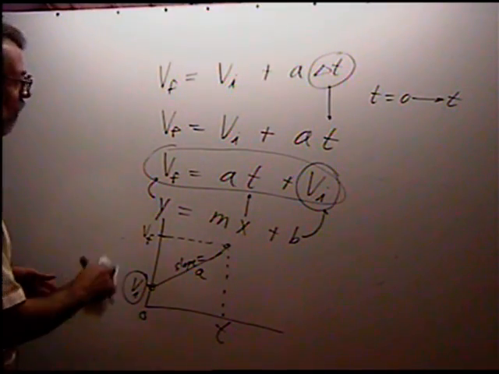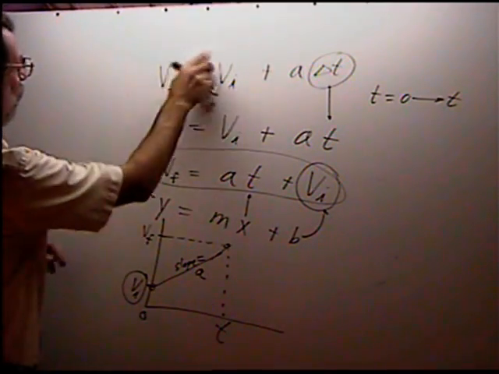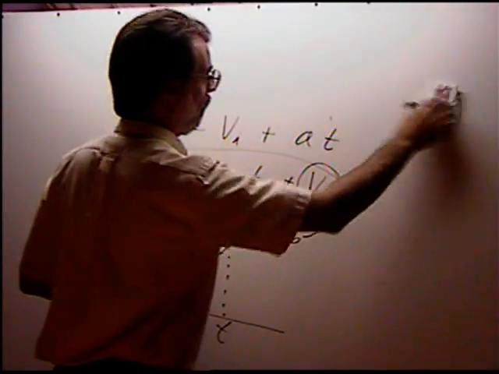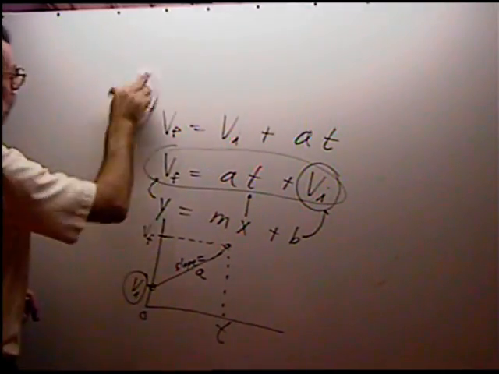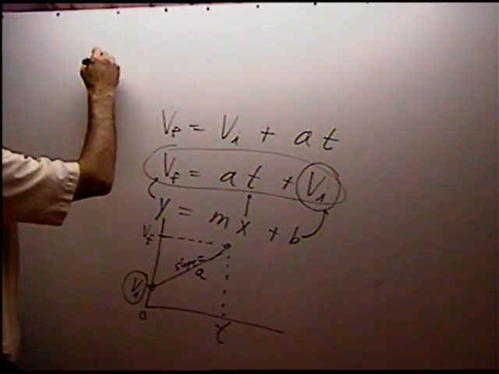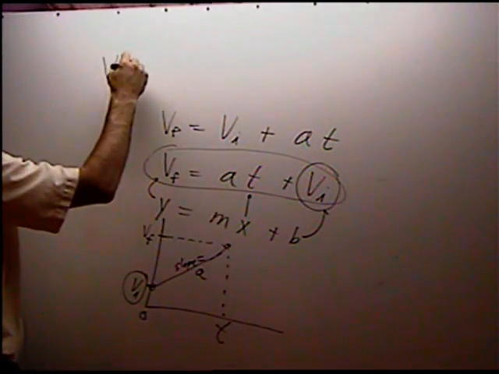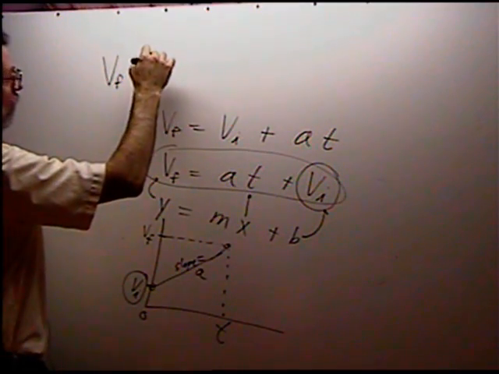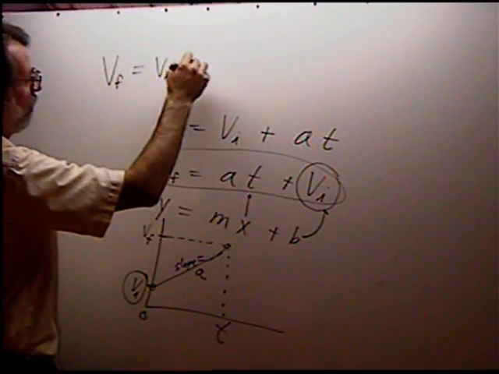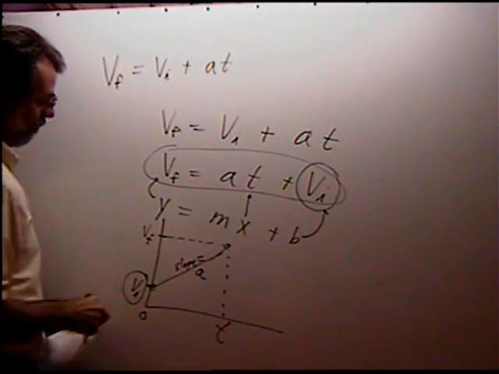So I'm going to put over on the left-hand side here this equation. The final velocity equals the initial velocity plus acceleration times time.